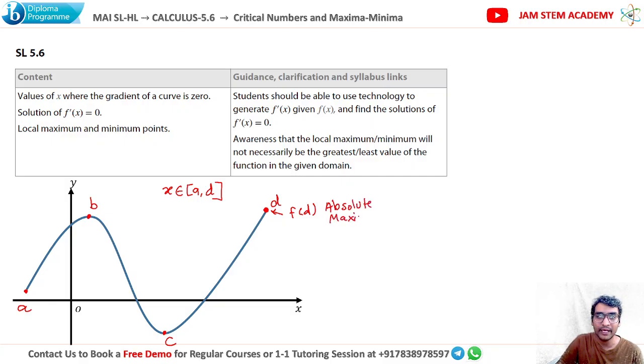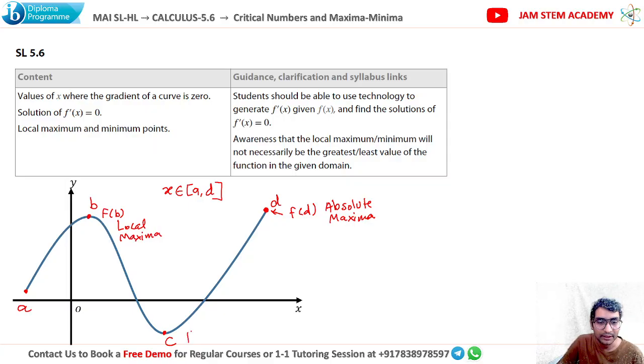You can have any number of local maximas or any number of local minimas, right? But the absolute maxima will be the maximum value of the function in the given interval. So here, at b we have f(b), which is our local maxima, because this value is maximum in its neighborhood.